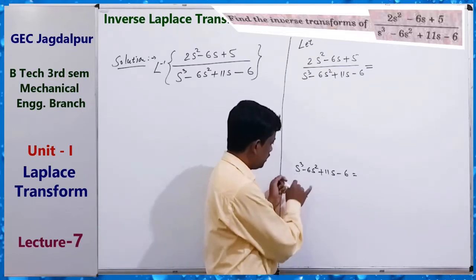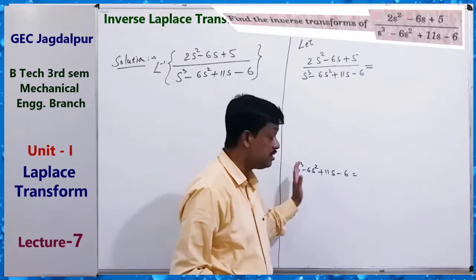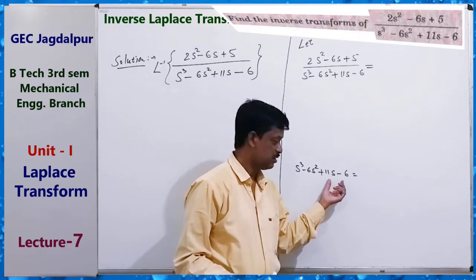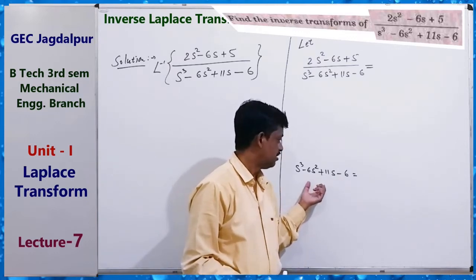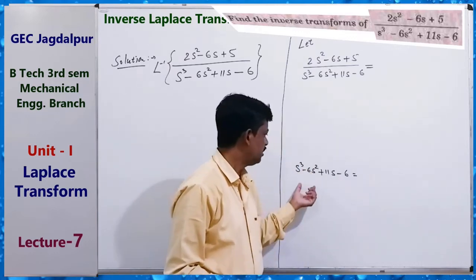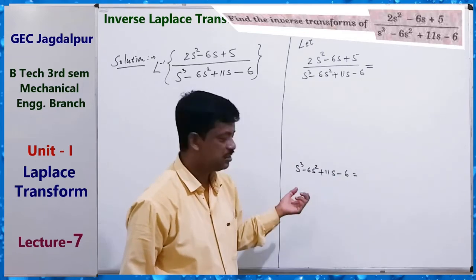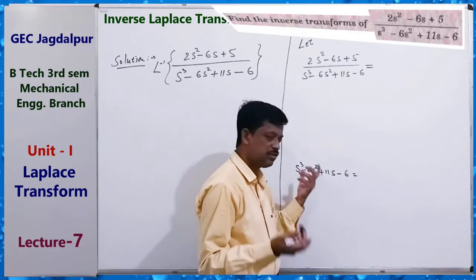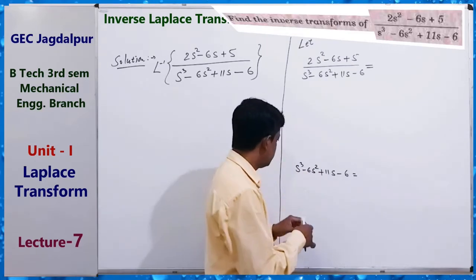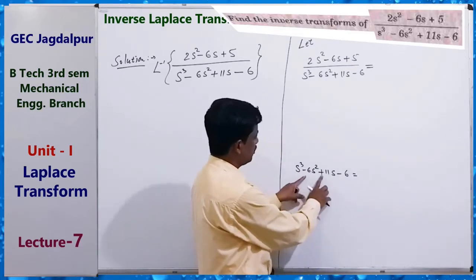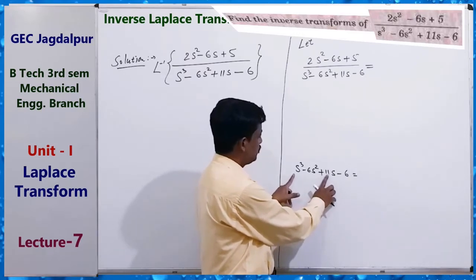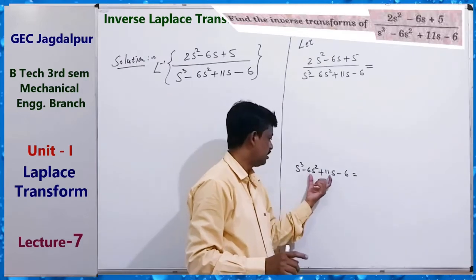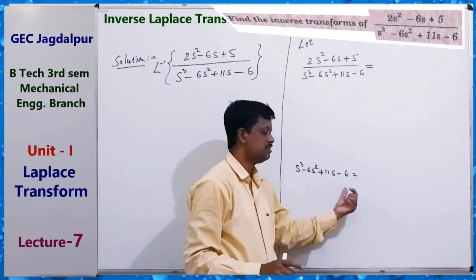Factorizing a second degree polynomial is easy, so for the third degree we first guess a zero of this, that is, a factor of this. Here 1 is a factor of this, because if we put 1 here, we get the value 0.